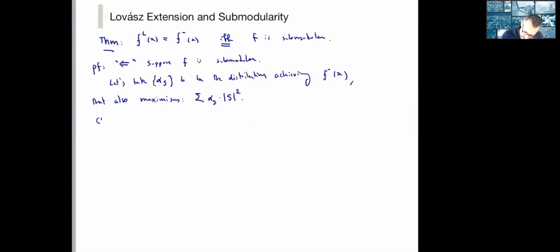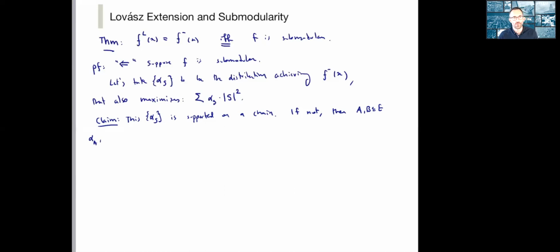So the claim is that this distribution alpha s is supported on some chain. So let's suppose that it's not true, because indeed, if it's not true, then we have two sets, A and B, that are subsets of E, and alpha puts positive value on each.